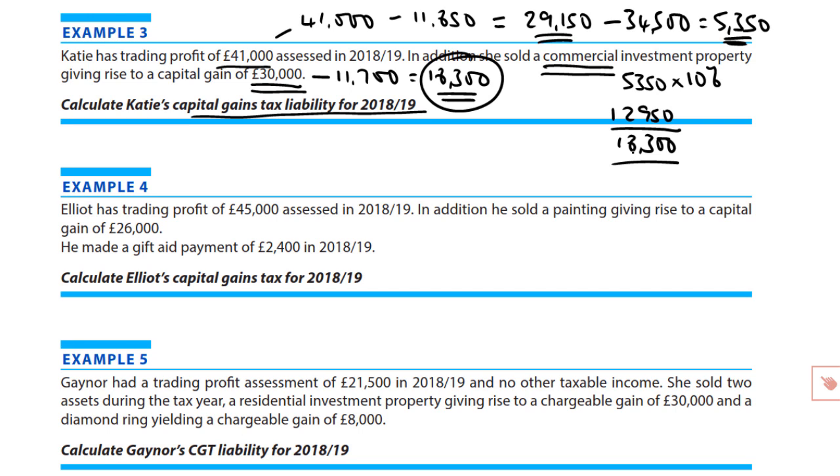Just check that. Yeah, 12,950. That, of course, is now in the higher rate band. We've used up the remaining basic rate band limit available to us, and that, therefore, will be taxed at 20%. Work those figures out, and you've got yourself your CGT liability for the tax year all sorted. Again, obviously, you're getting used to it now. If they had wanted also the due date, that's for 18-19, the 31st of January 2020 there.